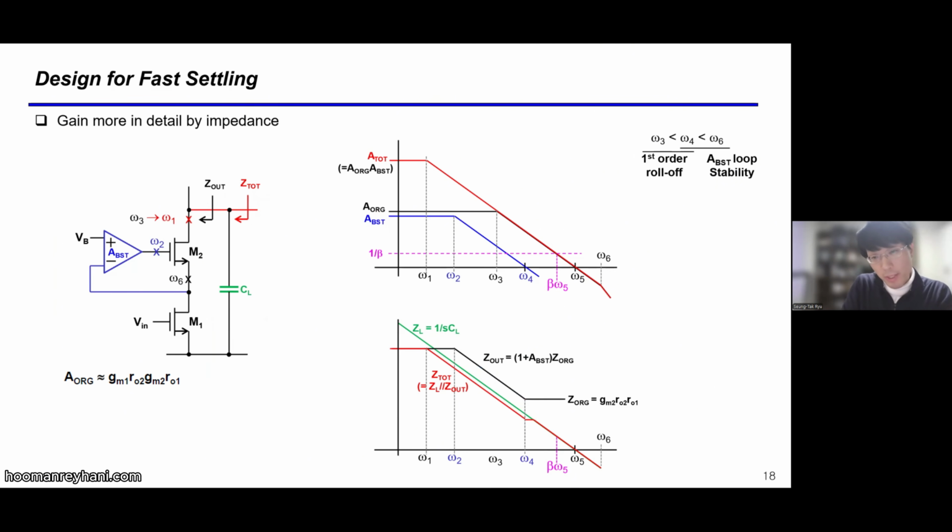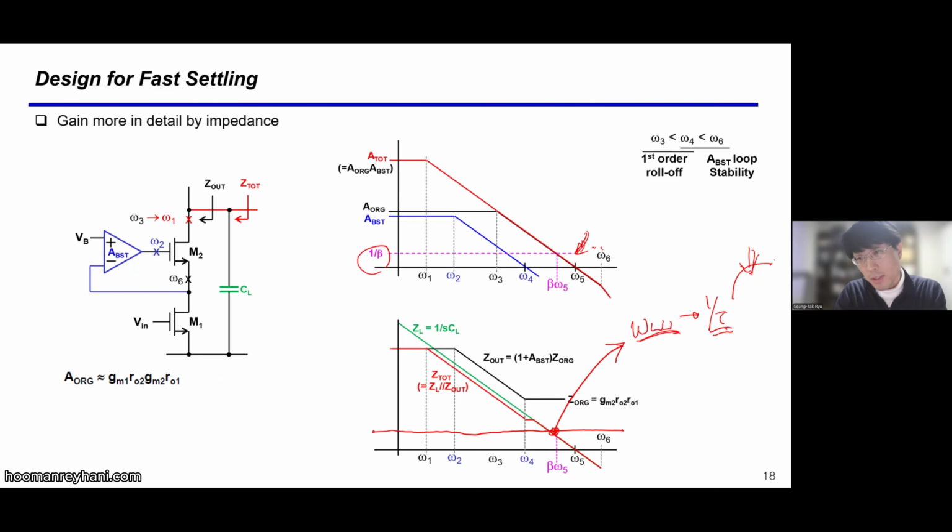So what? When the amplifier is utilized with feedback beta, let's assume that our 1 over beta line is here, just like this one. Then this determines the time constant, which we utilized, loop gain unity, omega LU, right? 1 over omega LU is tau, and tau determines settling speed.